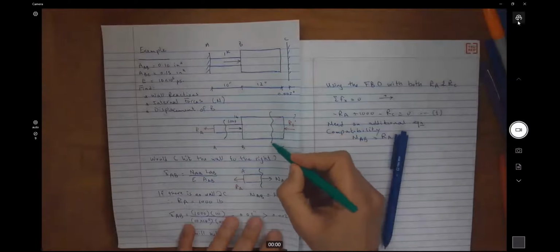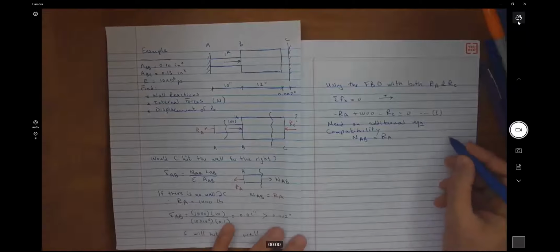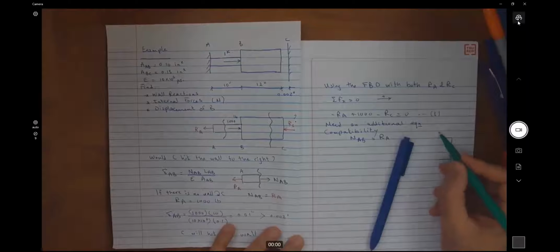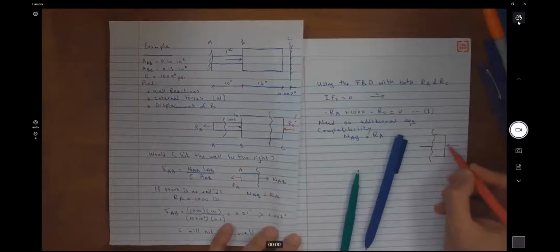If I also draw another free body diagram, if I cut here, and draw another free body diagram to the right piece, I'm going to have this here. And I'm cutting, so I'm exposing a normal force. And this normal force, I'm expecting RC to be pushing in this direction.